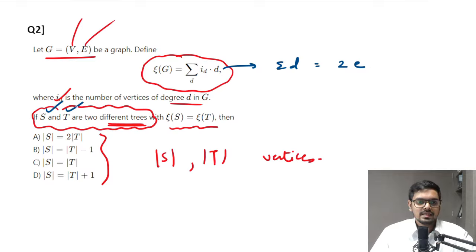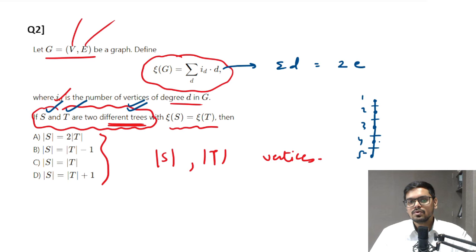But your S and T are graphs of tree style. We have seen in the earlier chapters how a tree looks. Suppose I have a tree of 1, 2, 3, 4, 5 vertices, then the number of edges is 5 minus 1. So for n vertices, the edges would be n minus 1.